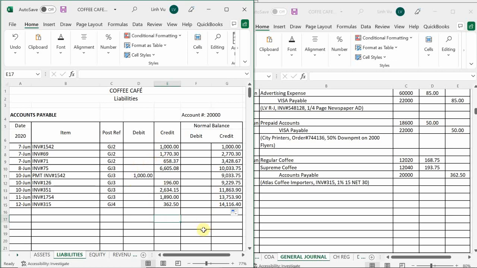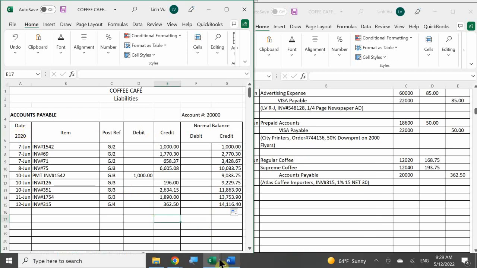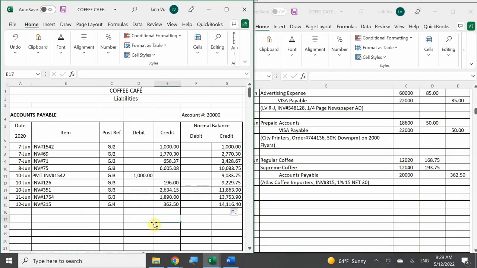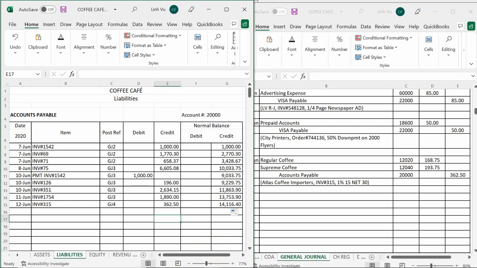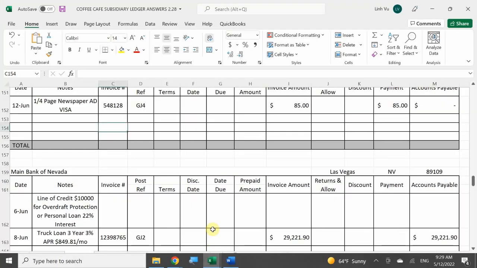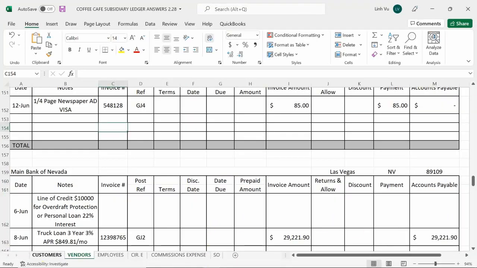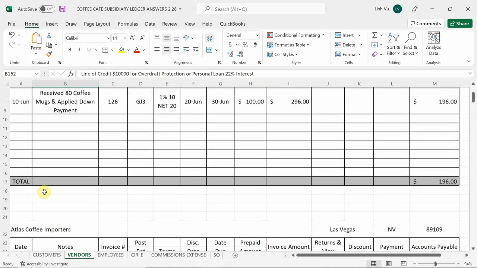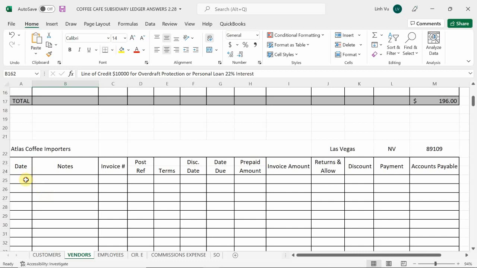Okay, all right. So now that I did my journal and my ledger, since I end up having to owe Atlas Coffee, I need to also record that as well, saying that, hey, I owe Atlas Coffee Importers. So I go straight to my subsidiary ledger. I locate Atlas. There they are. Okay.